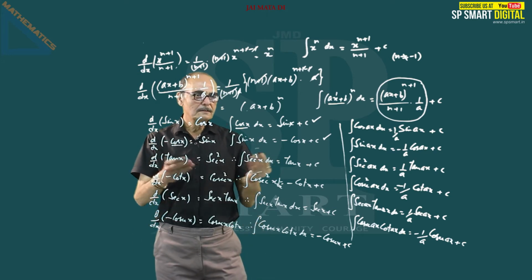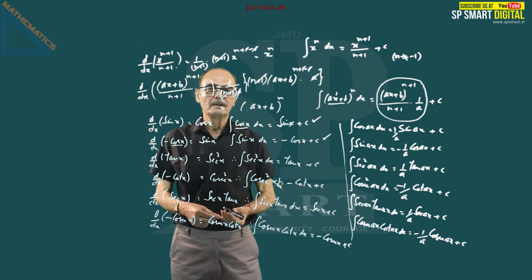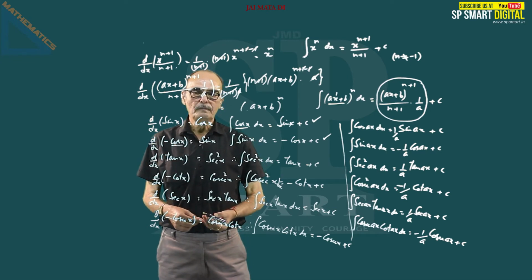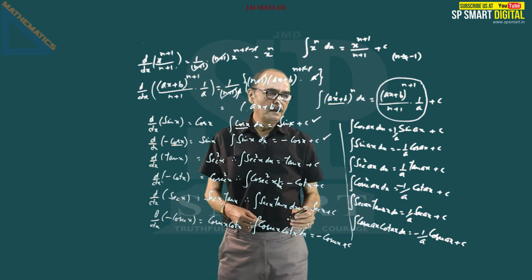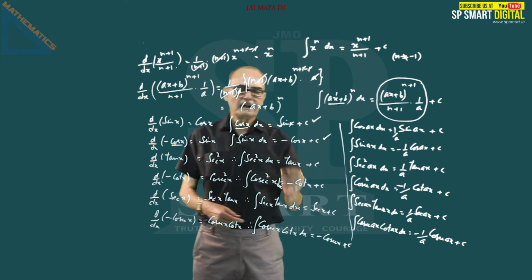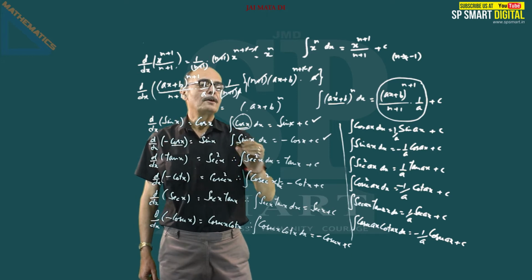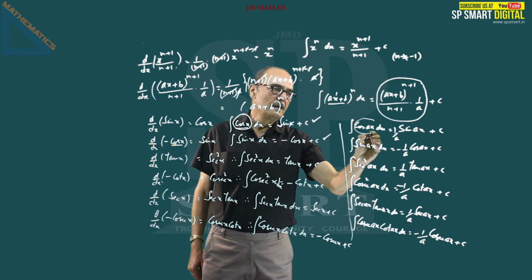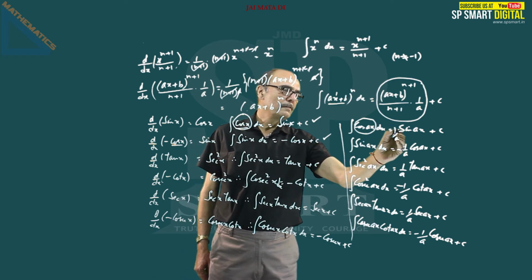Now, these formulas are meant for children who are starting this integration for the first time in class 12. After comparing these results, I may repeat that if it is cos x, integral of cos x is sin x, but if it is cos of ax, instead of x we have ax here, the formula becomes sin ax divided by coefficient of x.